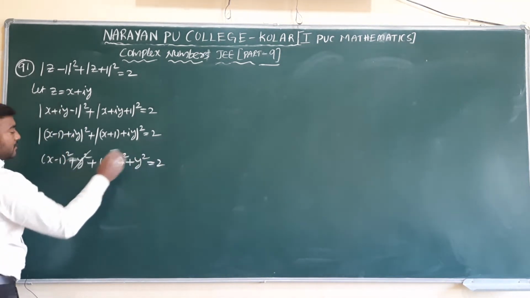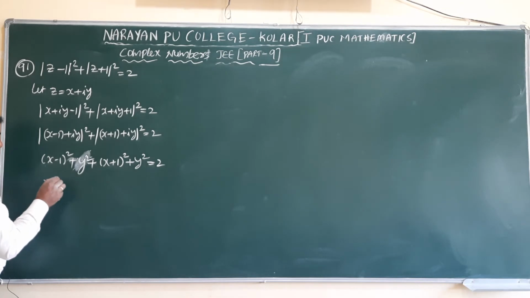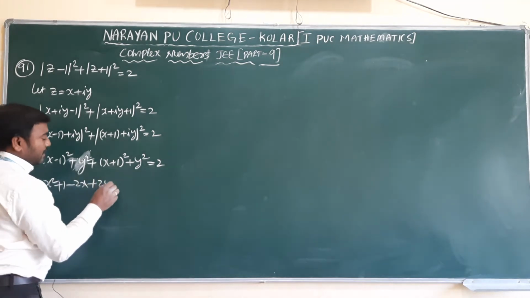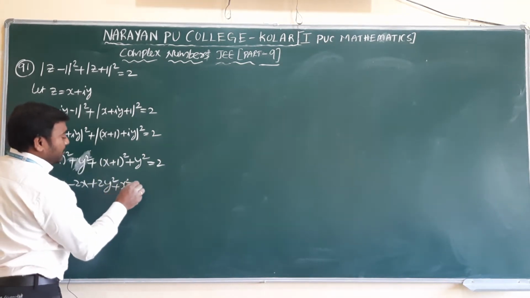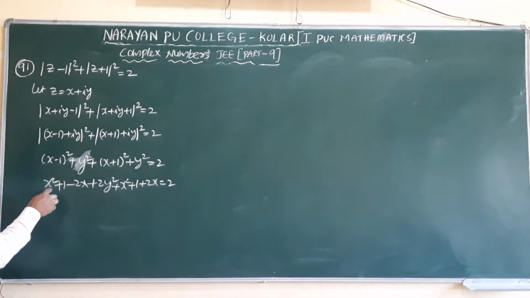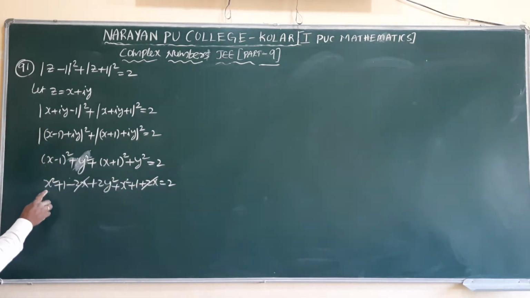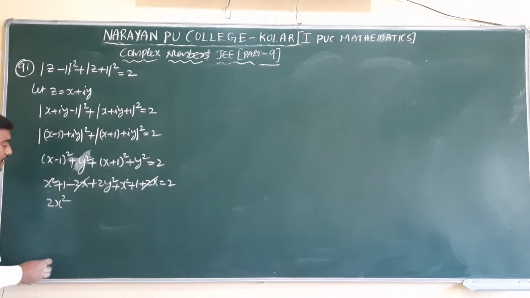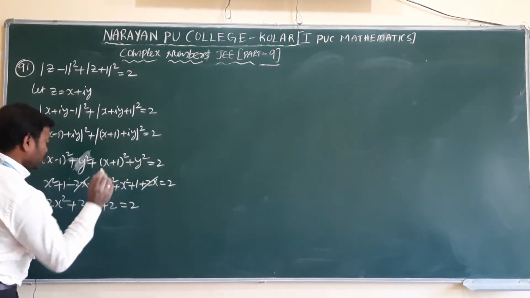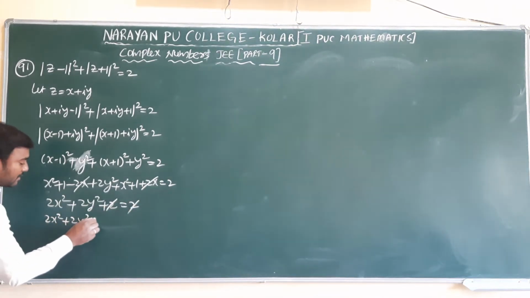Expanding: x square plus 1 minus 2x plus y square, plus y square plus x square plus 1 plus 2x, is equal to 2. Now minus 2x and plus 2x get cancelled, remaining 2x square plus 2y square plus 2 is equal to 2. Here 2 gets cancelled, remaining 2x square plus 2y square is equal to 0.